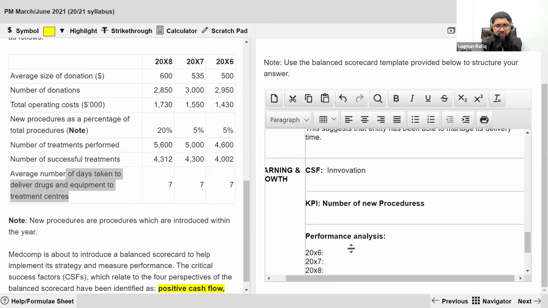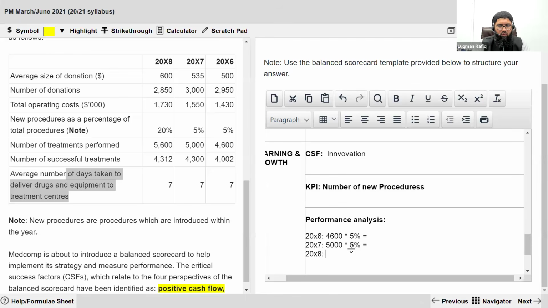For 2000x6, it's going to be 4600 into 5%, 5000 into 5%, 5600 into 20%. That gives 230, 250, 1120.